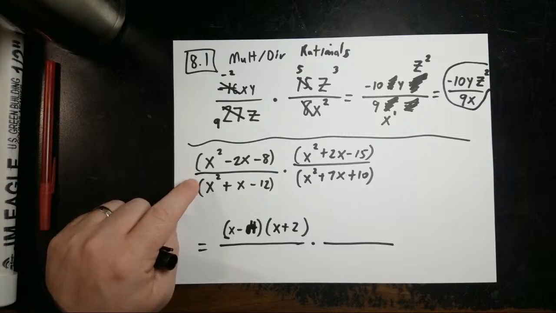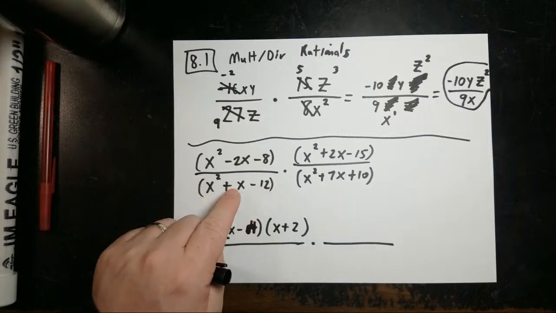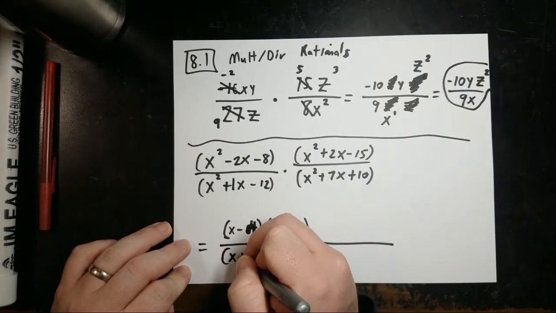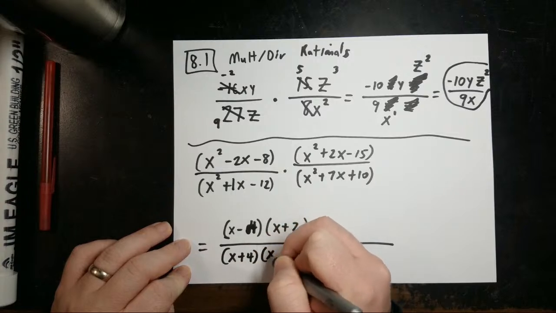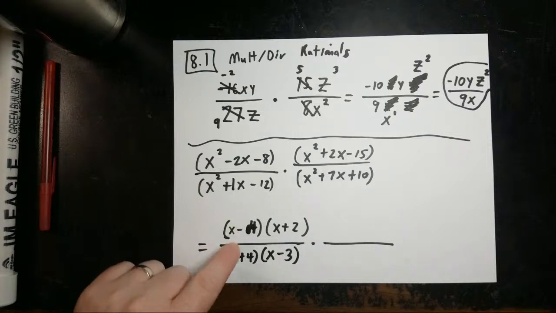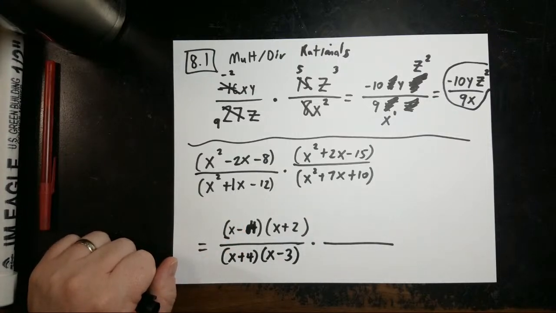Let's go bottom left. In the bottom left, two numbers that multiply to -12 and add up to +1. We're looking at x plus 4, x minus 3. These two terms do not cancel each other out. They are not the same thing. Nothing does so far. Let's look at the top right.